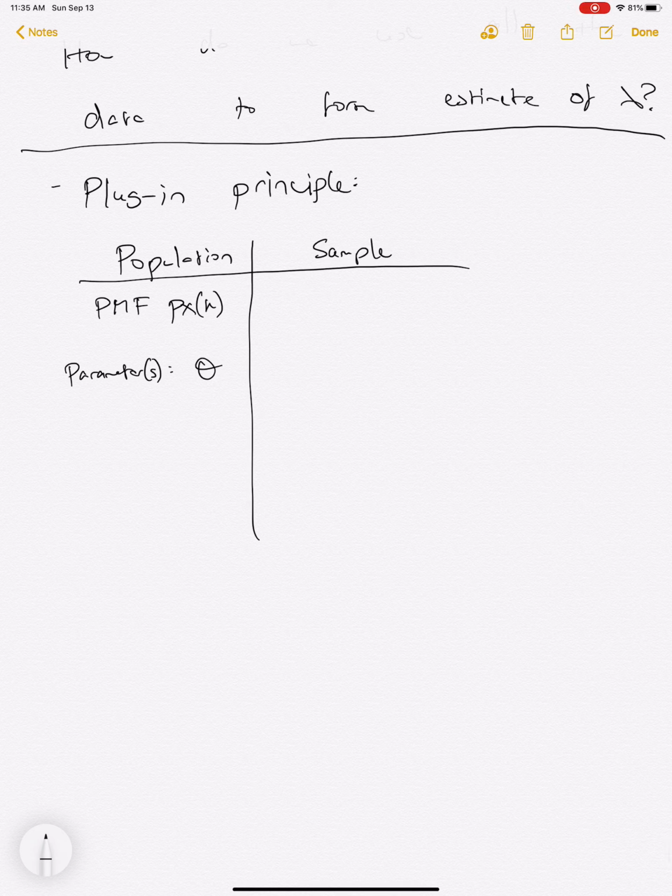And then we have our sample, where we have the sample PMF, p hat x of k, and then we have our estimator or statistic, and we're using the notation theta hat.